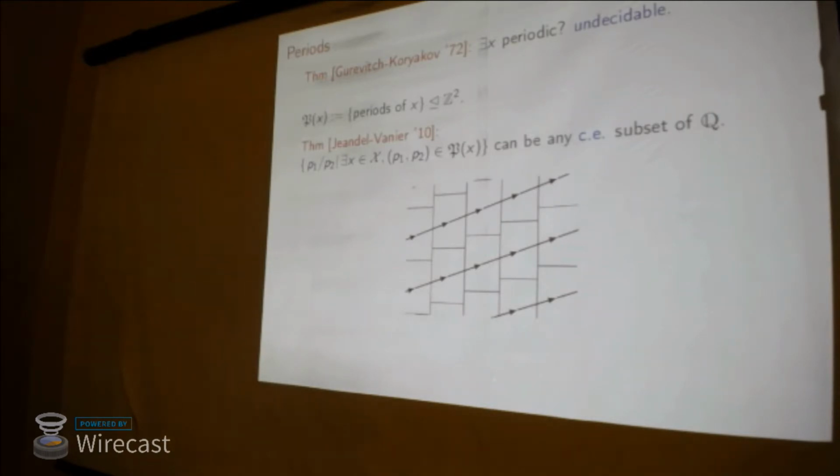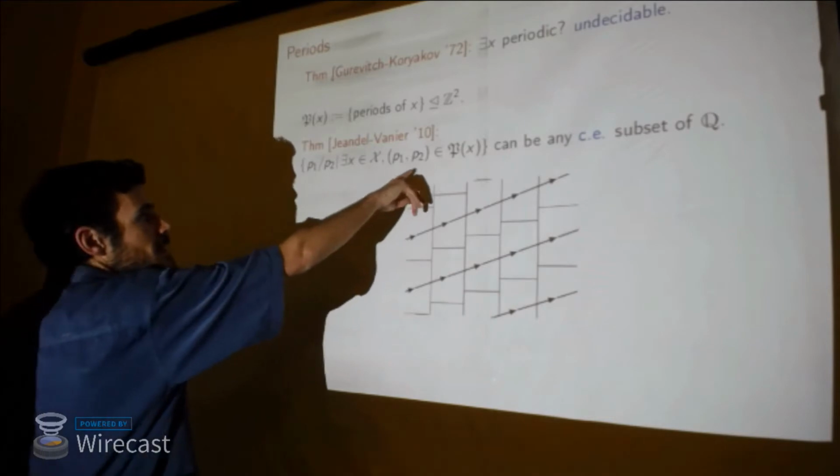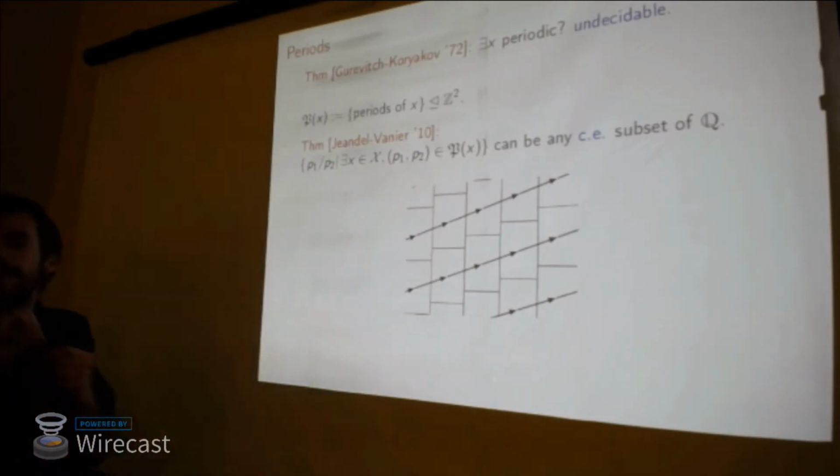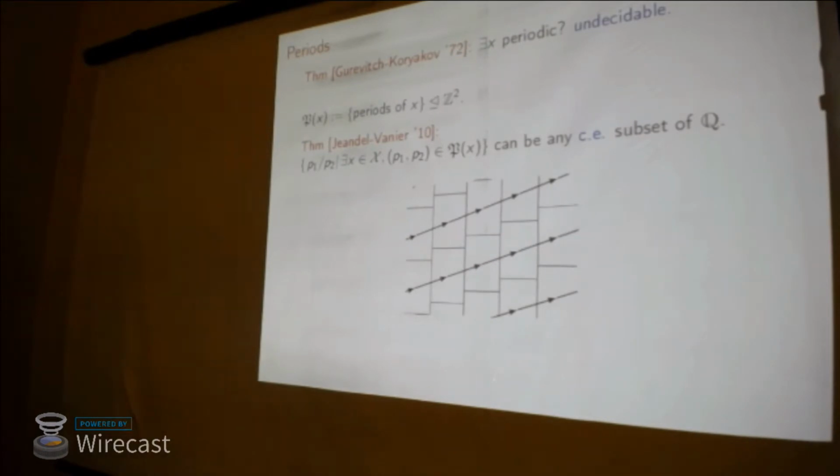How do we define a period of X? Is it any period or the smallest in some sense? Here, it sounds like periods should be somehow related to one another. Sorry, you're right, this is not very formal, because here we require this to be the only direction of periodicity of the configuration.